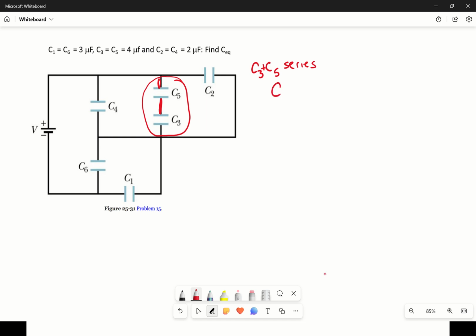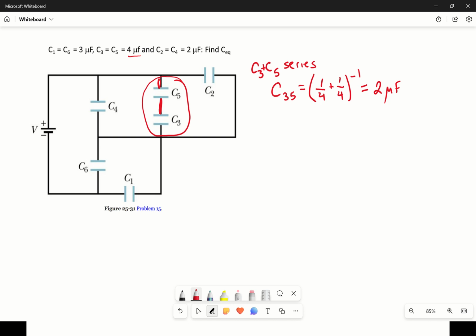So C3,5, we'll call it, to let me know I'm combining 3 and 5. And let's see, C3 and C5 are both 4 microfarads. So 1 over 4 plus 1 over 4 to the minus 1. So that's 2 over 4 to the minus 1. So 4 over 2, which is 2 microfarads.